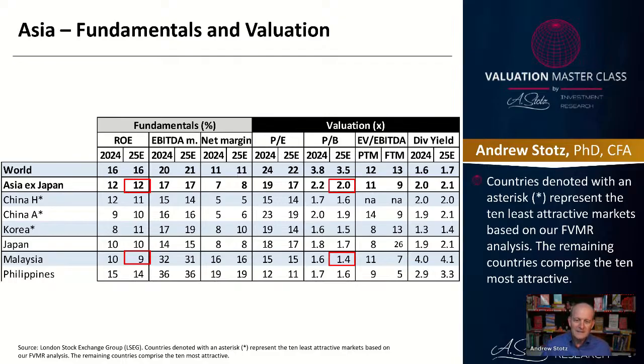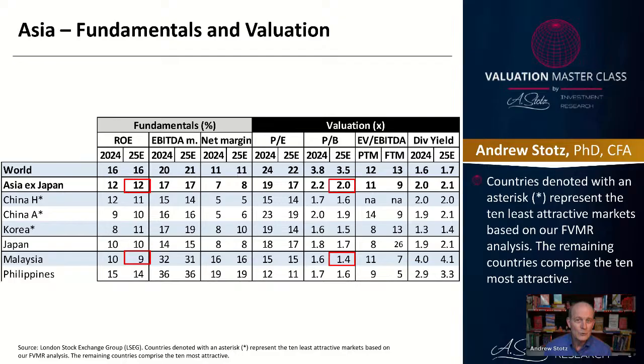So here we can see, just looking at fundamentals and valuation, because I can't get it all on one slide. We can see that the world ROE is 16% and Asia Pacific is at 12%. If we go over, we can see Asia Pacific is trading at almost half the price to book of the world.